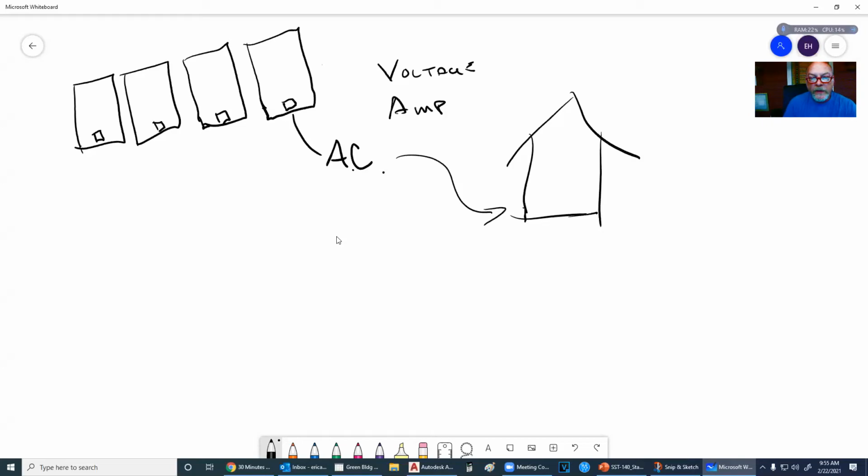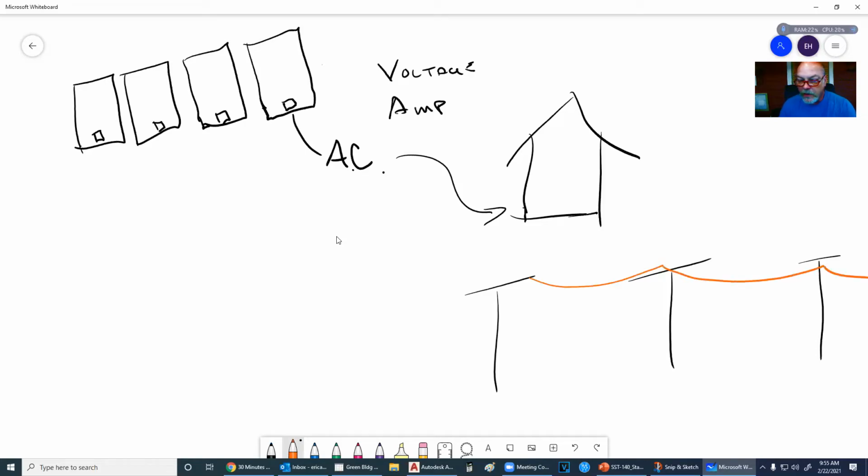Now, with this type of system, we can't just plug into the power grid. And the power grid is all of our poles all across America, and all these lines going across through here. That's what we call the grid.